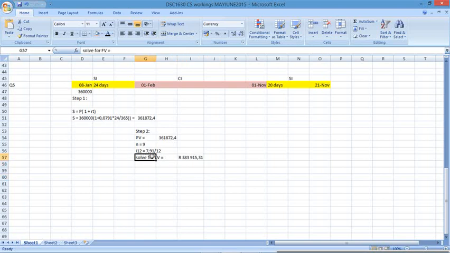Okay guys, and that's the future value using compound interest.